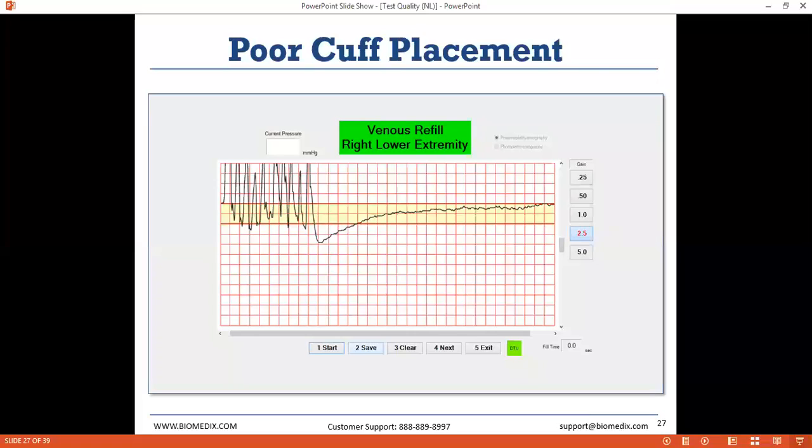So this is what it looks like when that cuff is too low on the leg. Now, unlike the toe tapping holiday special patient we were looking at two slides ago, these dorsiflexions look a lot more dramatic, but what they don't do is evacuate very much blood out of the leg.